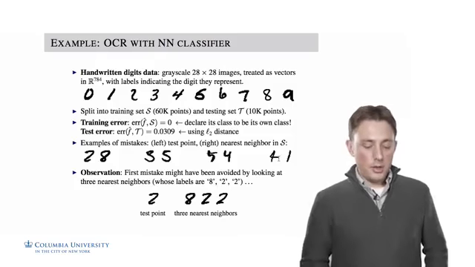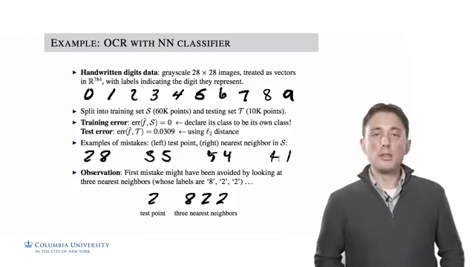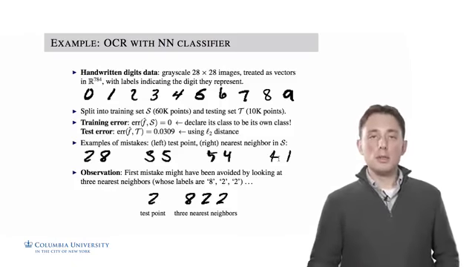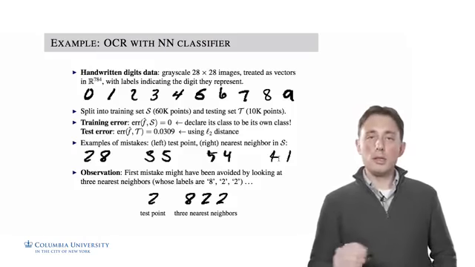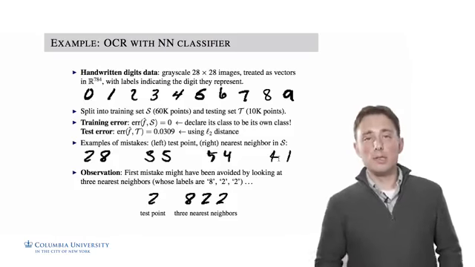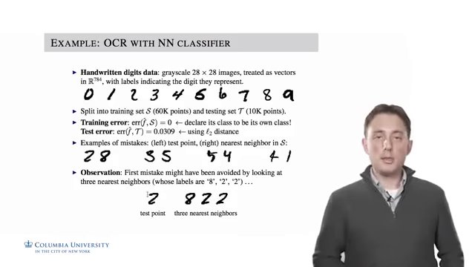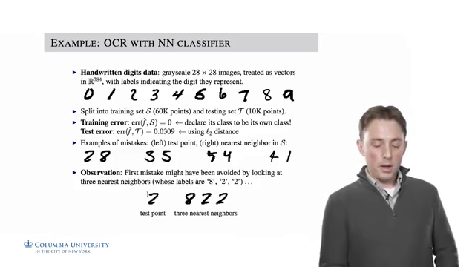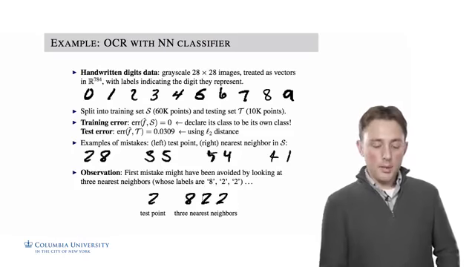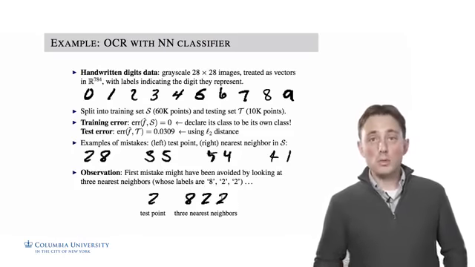So one observation, and this is for this particular data set, is that instead of picking the closest labeled training point and assigning the label based on the nearest neighbor, what if we looked, for example, at the 3 closest neighbors? So for this test point of a 2, if we look at the 3 closest neighbors, the closest is this 8 from the original nearest neighbor problem, but the next 2 closest are 2s as well.